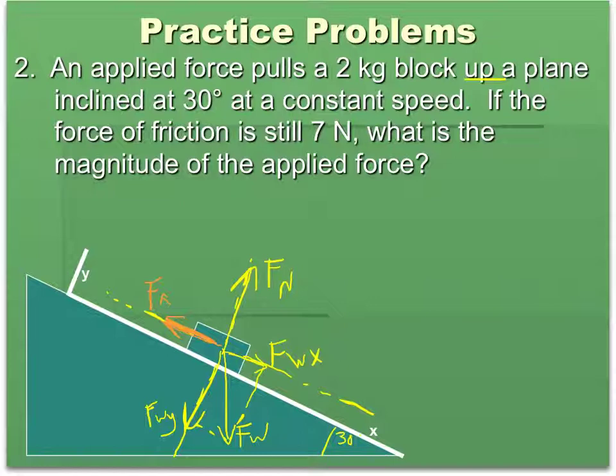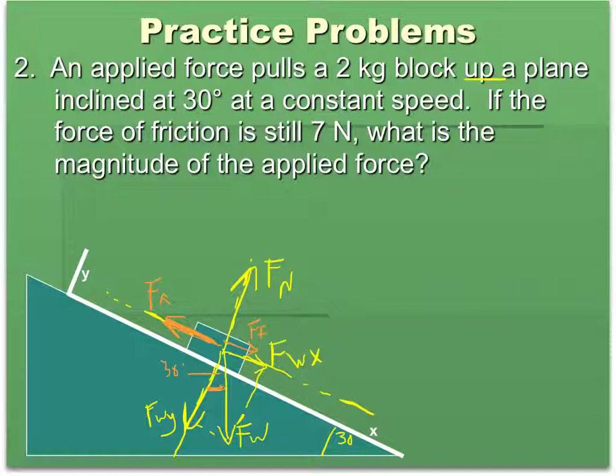Now, if it's moving up that plane, and we know the frictional force is 7 newtons, we know that force of friction is going to act down the plane because it's opposite of motion. Okay? So your free body diagram is going to end up looking like this. The other thing that we can add in, again, since we know that inclined plane is at an angle of 30 degrees, the angle between FWY and FW is also 30 degrees.